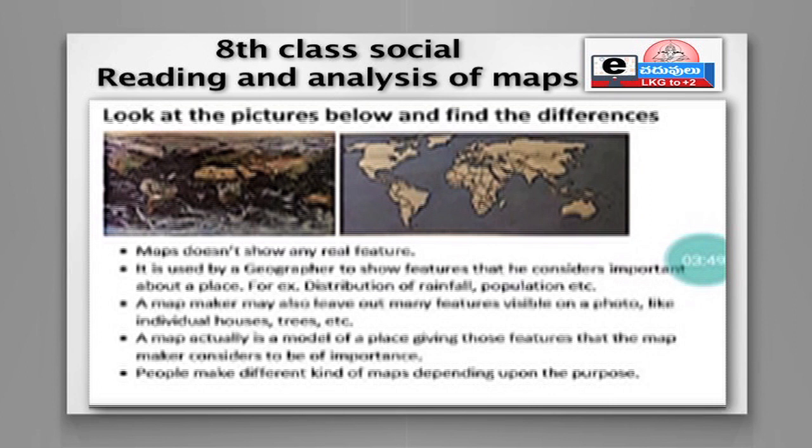In the square box, a few benches are shown with some symbols. But if it is a photograph, we can see the walls, the benches, etc. So in this way, there is a lot of difference between the map and the photograph.